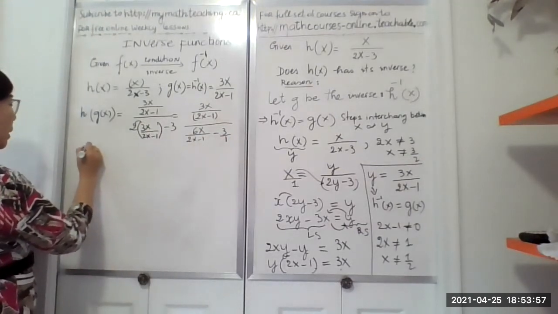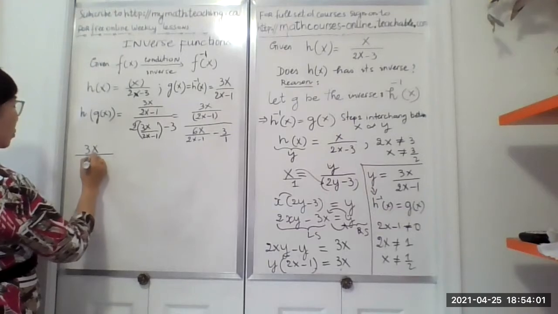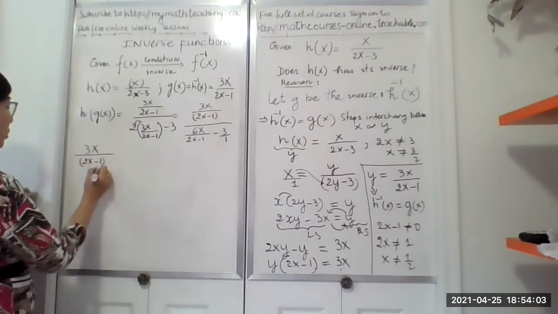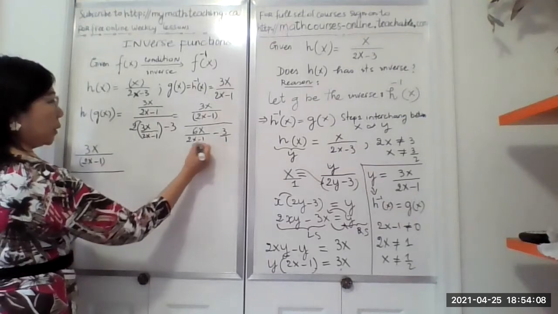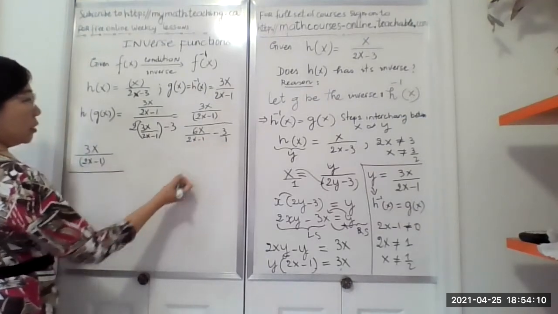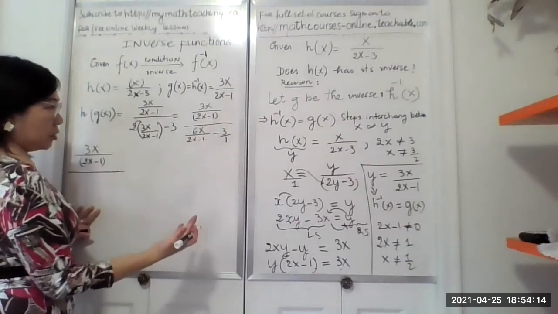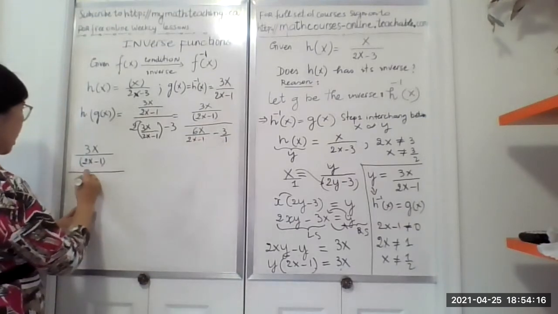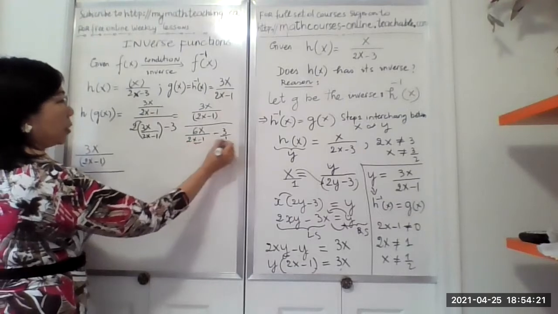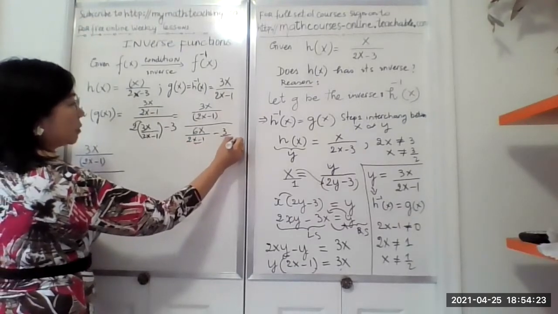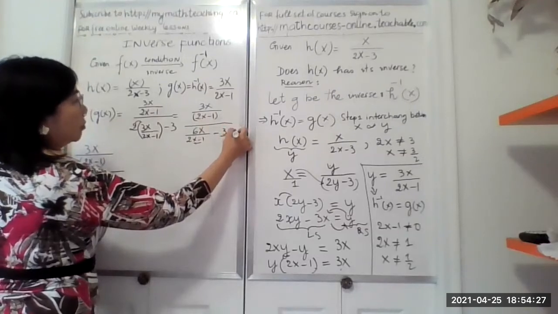So on the top, I still have 3x over 2x minus 1. But at the bottom, I'm going to do a common denominator for these two fractions, right? The 6x here times 1 doesn't change, so we have 6x. The minus 3 here has to be multiplied by this number, because it has to be times 2x minus 1. And therefore the top, we have to do the same, right?